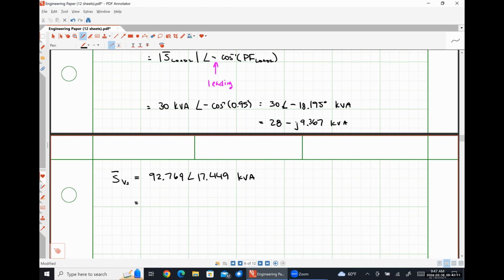And finally, 88.5 plus j27.817 kVA in rectangular form.